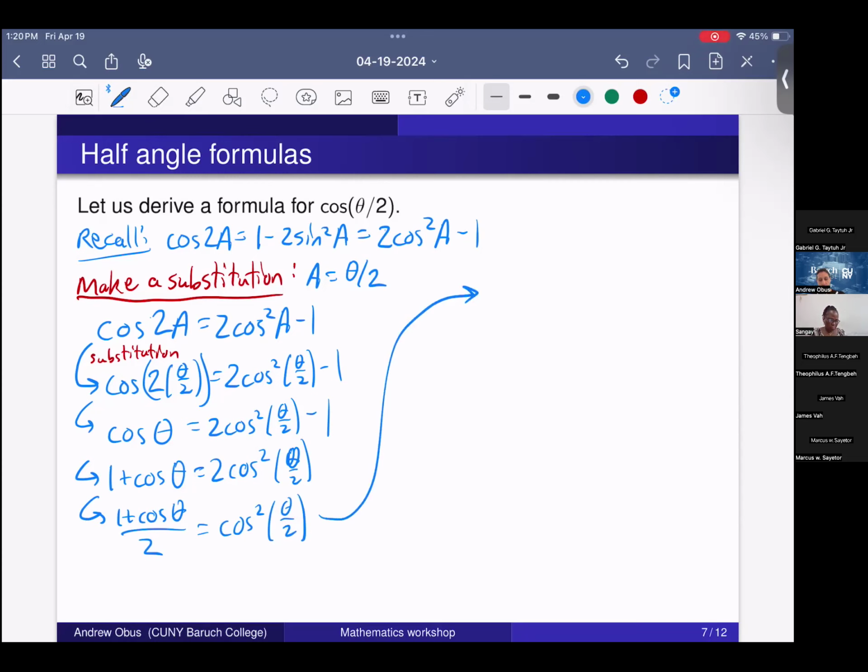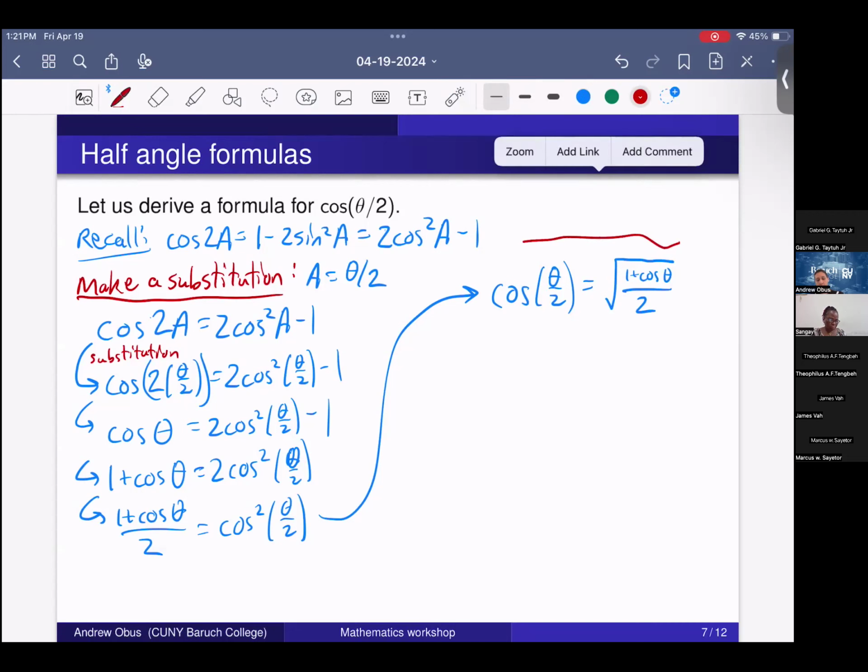We get that cosine of theta over 2, well, it's the square root over here, so we have to take the square root over here, but we also have to allow it to be either the positive or the negative square root, depending on what the angle is. Right? So cosine of theta over 2 is going to be the square root of 1 plus cosine of theta divided by 2. Okay, and this is going to be our formula for cosine of theta over 2. And I should add, sorry, plus or minus.